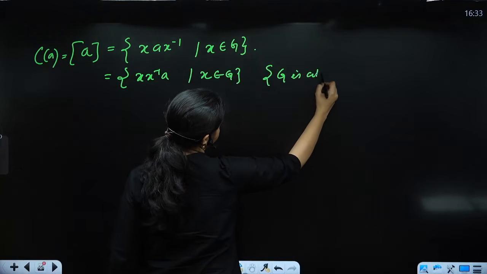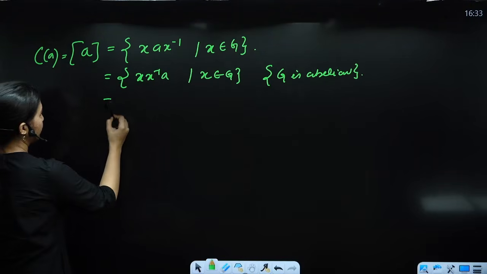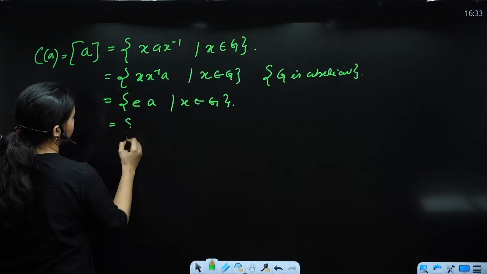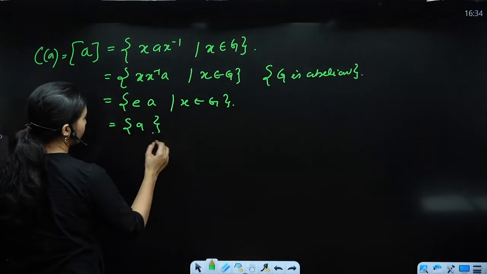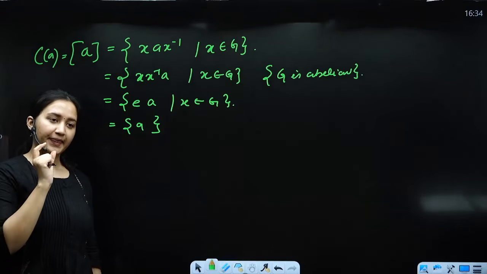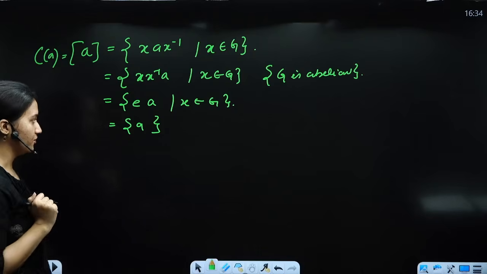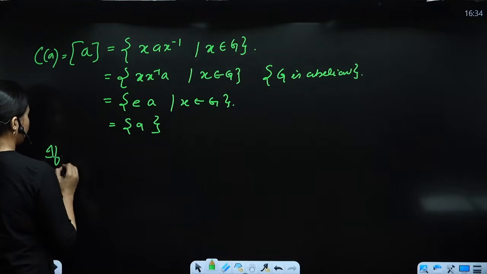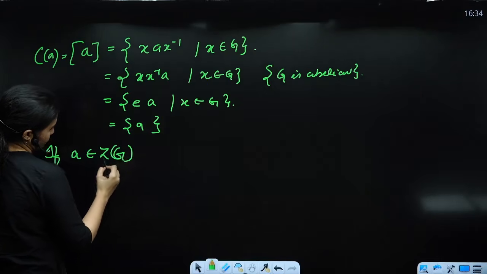G is abelian, right? So for an abelian group, in each conjugacy class there is a singleton element, that is the element itself, right? Now understand this: if a belongs to Z(G), or this we can take afterwards.